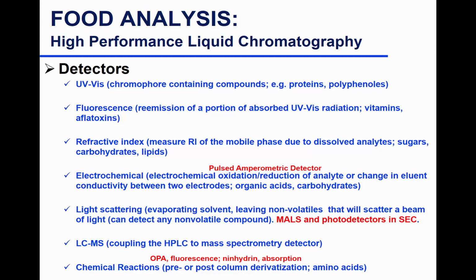Yes, it's going to interfere with the change that you're going to deduce due to the compound. When you're changing the mobile phase, you are also changing the refractive index. So if you have a compound coming out at the same time as you're changing your mobile phase, you can't quantitate accurately. So with refractive index detection, you always have to use isocratic elution.